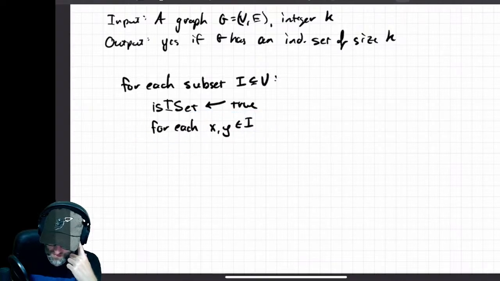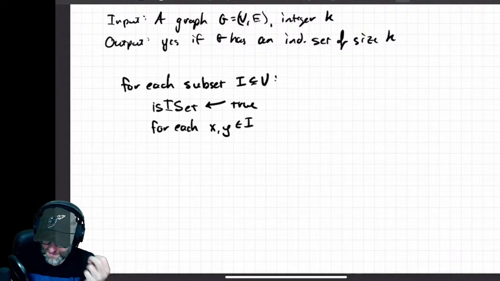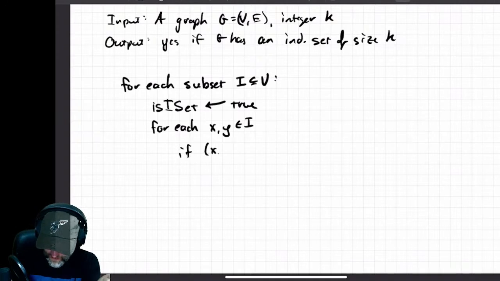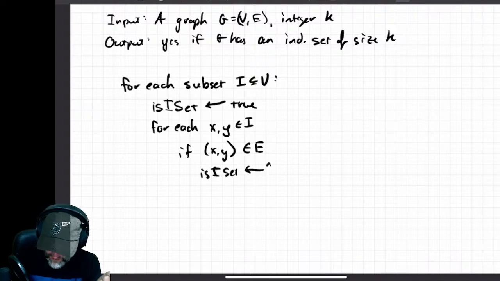Okay. So for each pair of vertices x and y in that potential independent set, if x and y are connected, they are an edge, then is I set will be set to false. We found a counterexample there.